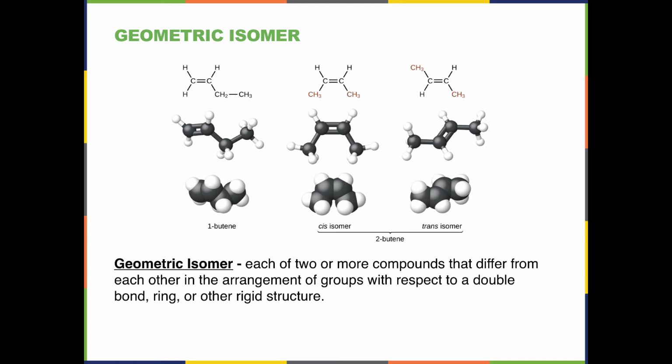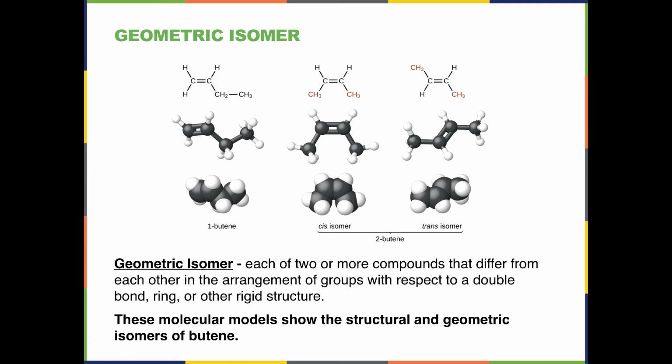A geometric isomer is where each of 2 or more compounds differ from each other in the arrangement of groups with respect to a double bond, and also can be with respect to ring structures or other rigid structures, but we're introducing the concept here with double bond structures. These models show the structural and geometric isomers of butene.